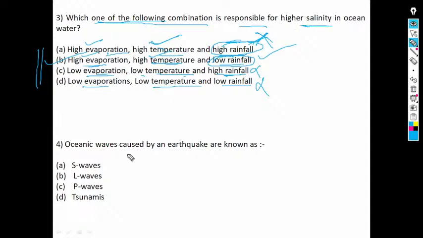Next, this is about the oceanic waves caused by an earthquake. Oceanic waves caused by an earthquake are known as S waves, L waves, P waves and tsunami.